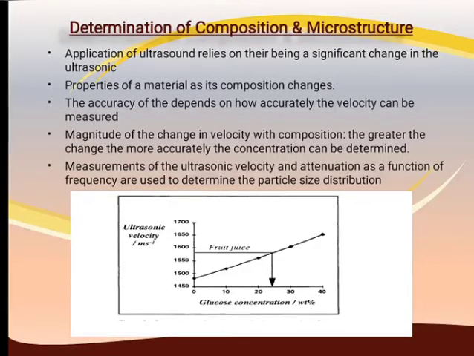Measurements of the ultrasonic velocity and attenuation as a function of frequency are used to determine the particle size distribution. You can see the graph here between ultrasonic velocity versus glucose concentration. As we increase the ultrasonic velocity, the glucose concentration is also increasing, and we can check the perfect concentration of glucose at higher ultrasonic velocity.